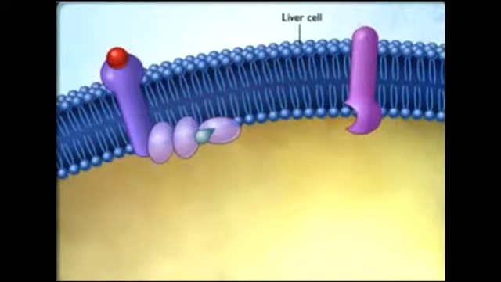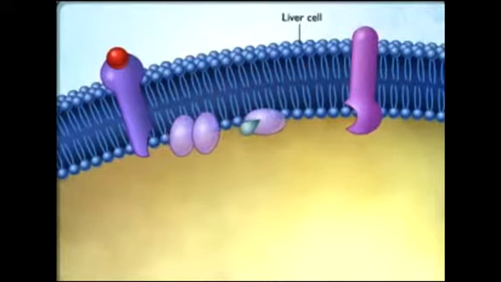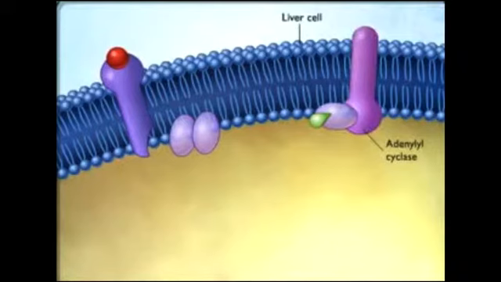It then causes one of the G protein subunits to dissociate from the other two. The subunit that dissociates from the others carries a GDP, which is replaced by GTP when activated. This then diffuses within the plasma membrane until it encounters adenylyl cyclase.